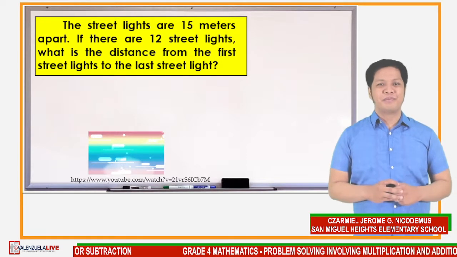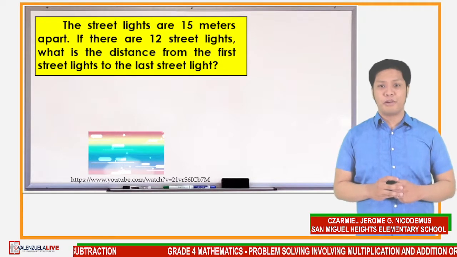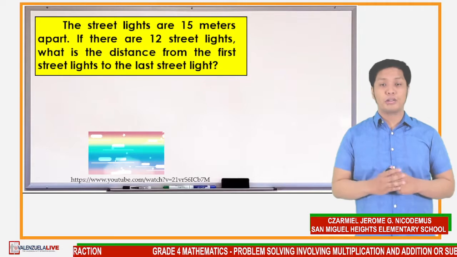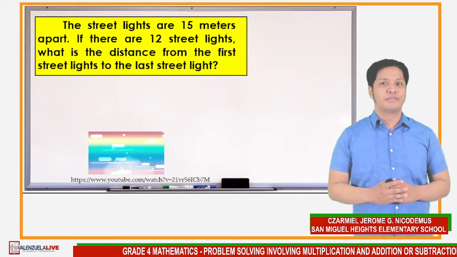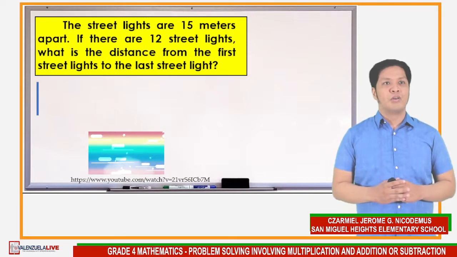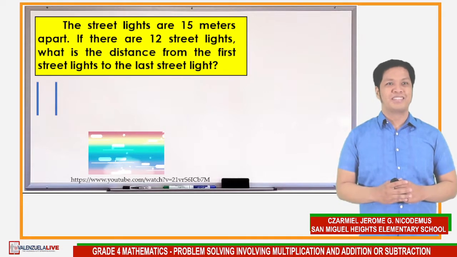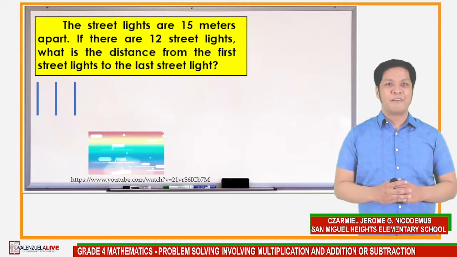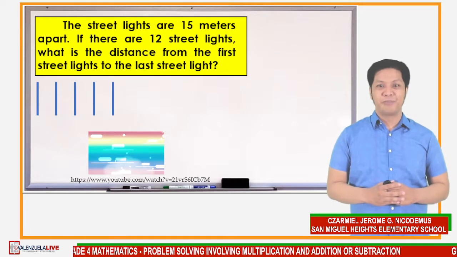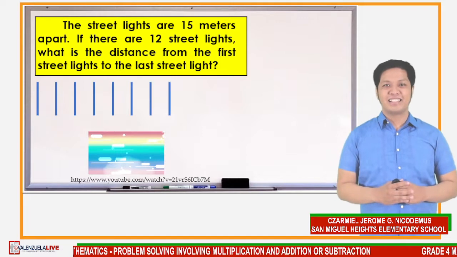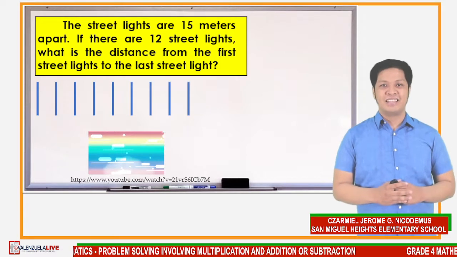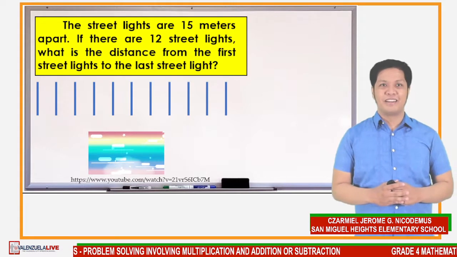Time is up. So to solve this word problem, we need to draw 12 sticks to represent the 12 street lights. So let us draw: 1, 2, 3, 4, 5, 6, 7, 8, 9, 10, 11, 12.